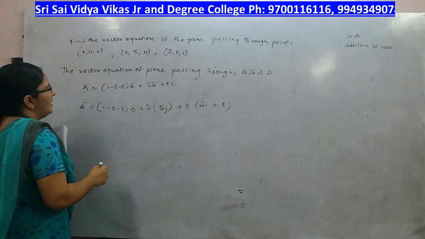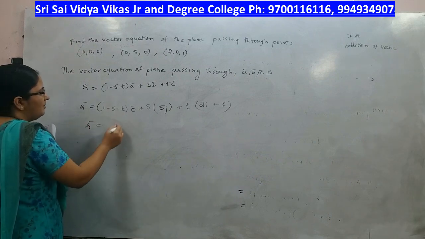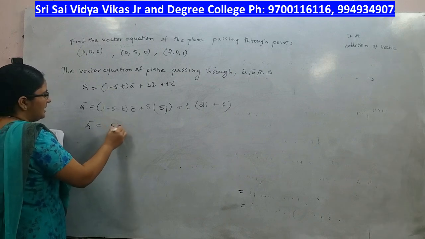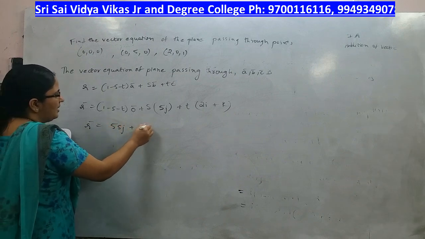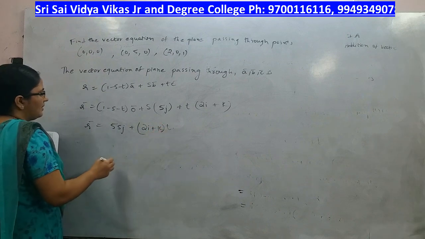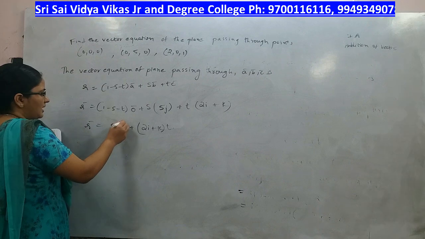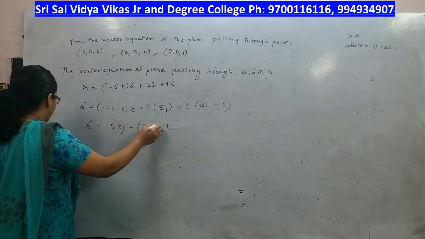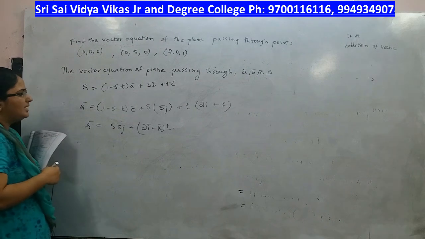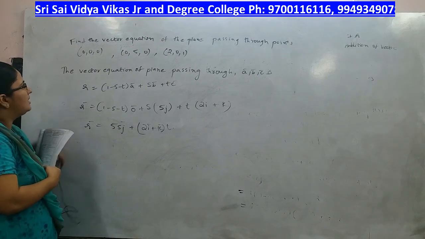How are we writing 5j and 2i? This is 0 bar, so R bar is equal to, this becomes 0. So 5 S j bar plus (2i plus k) into T. How we are writing this is, in the first point, all are zeros.